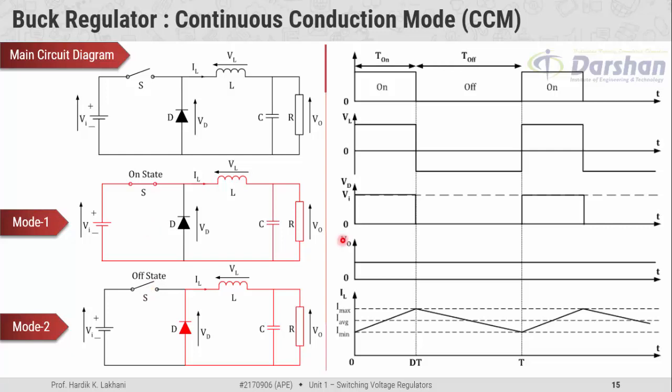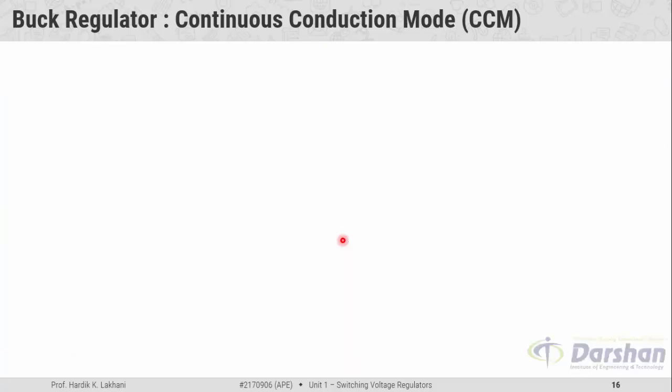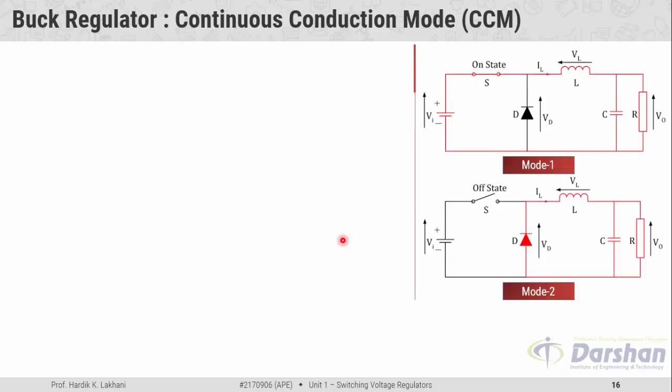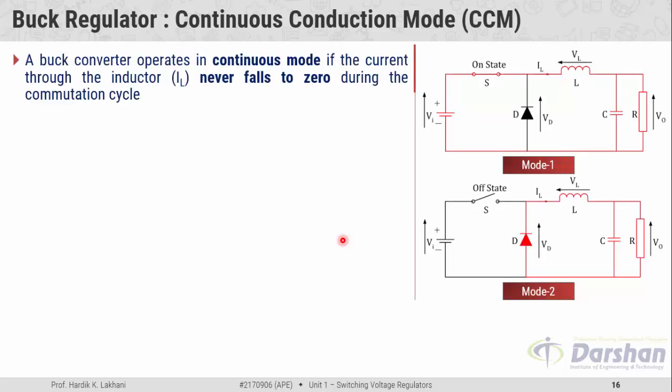Now let us derive the equation of the output voltage for the buck regulator in continuous conduction mode. A buck converter operates in continuous mode if the current through the inductor IL never falls to 0 during the commutation cycle, which means that over one cycle period the current flowing through the inductor never attains the 0 value.